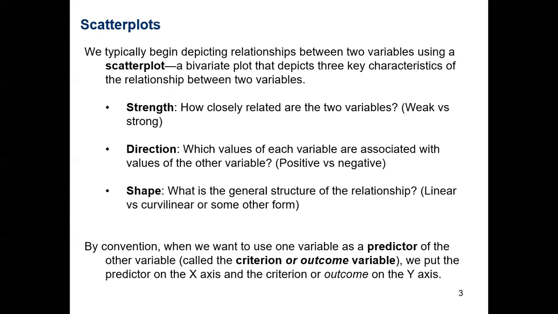And the shape. The shape of the relationship may be linear, meaning a straight line, or curvilinear, or another form, so we have to figure it out. Correlation is assumed to be linear, but when you look at the relationship using a scatterplot of the x and y variables, actually most of the time it's not necessarily linear.